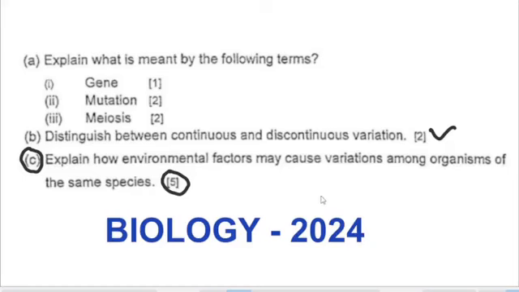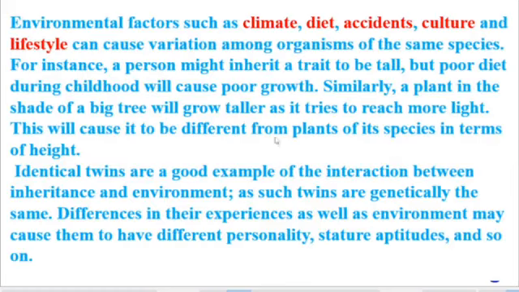For instance, a person who might inherit a trait to be tall, but poor diet during childhood will cause poor growth. So we have said that environmental factors such as climate, diet, accidents, culture, and lifestyle can cause variation among organisms of the same species.